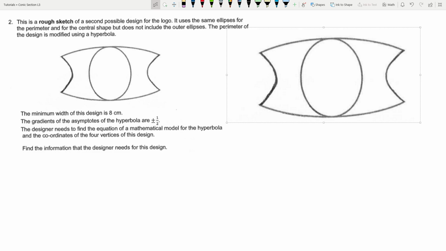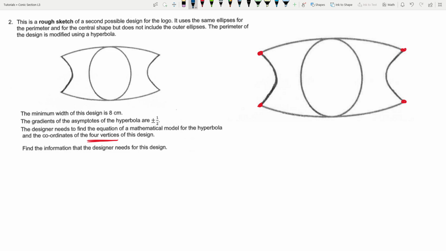So we have to find the equation of this hyperbola, and we also have to find the 4 vertices of this design. So that's one point, that's another, that's the other, and this. So we have to find these 4 coordinates.